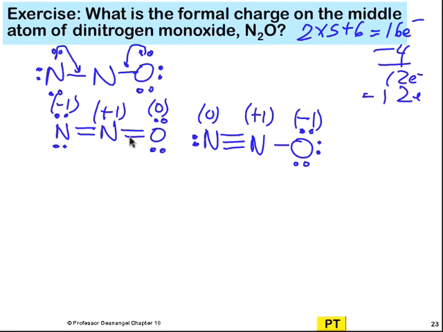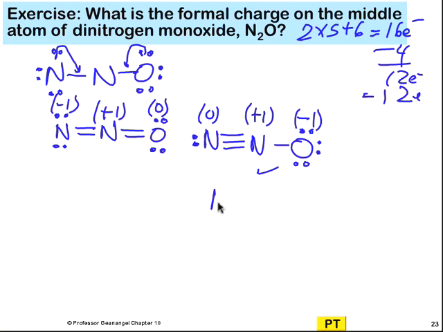Which one of these is going to contribute more to the resonance hybrid? Between the two of them, they both have the same charges, so charge doesn't matter. None of them have the same charge on adjacent atoms, so we go down to electronegativity, number 3, and it looks like this one with a negative charge on oxygen will contribute a bit more to the resonance hybrid than this one. What else have we got here?